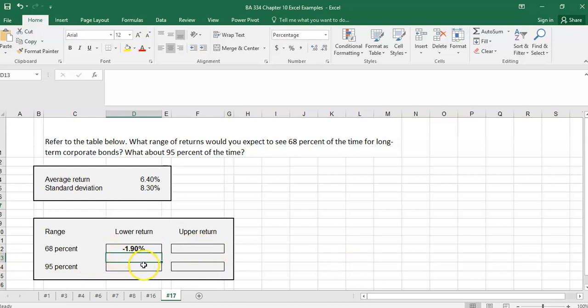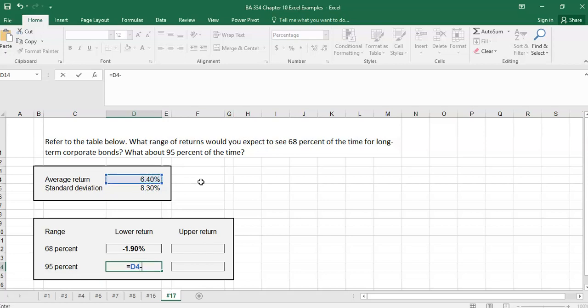For the lower return on 95% of the time, that is the average return. So right now we're building out how far out the bell curve goes. So for 68%, it's 1 standard deviation, and for 95%, we're 2 standard deviations.